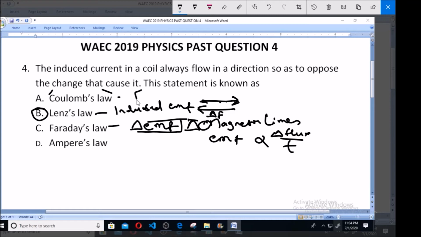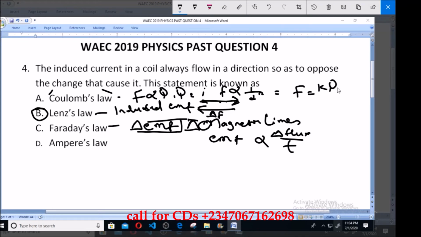So the electrical force is directly proportional to the charges, and inversely proportional to the square of the distance between them. Combining it, F equals K Q1 Q2 all over D squared. So that is Coulomb's law.